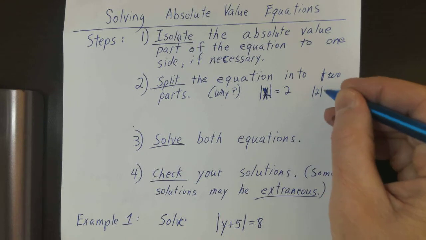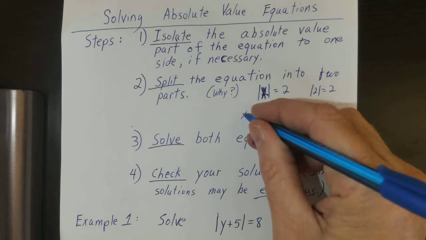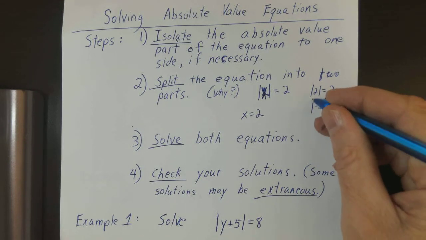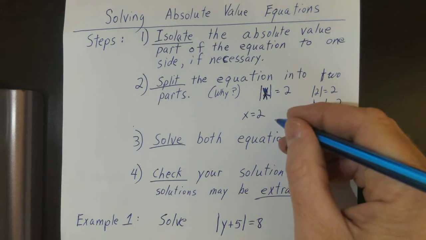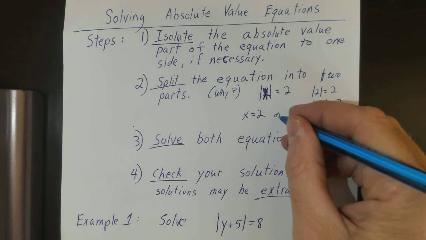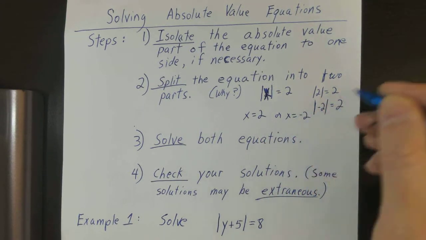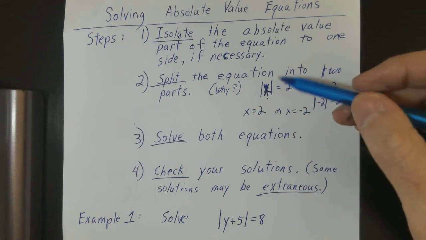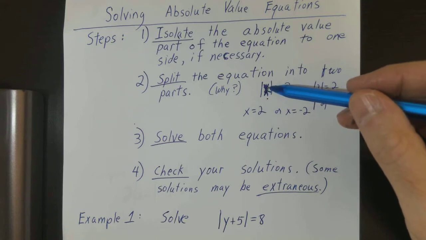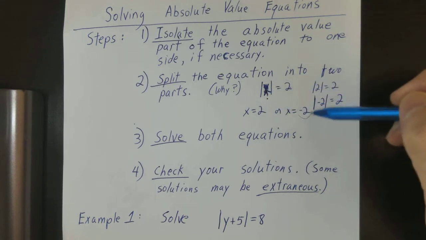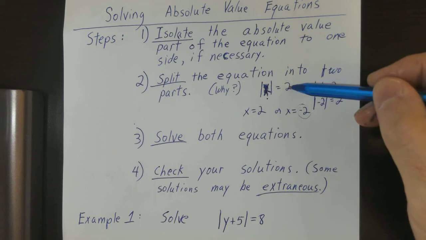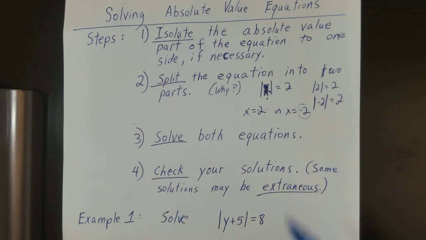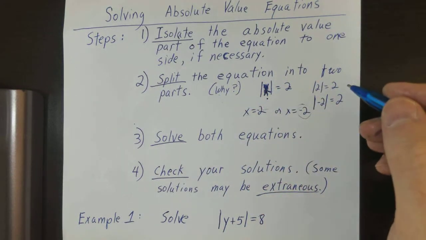The absolute value of 2 is equal to 2, so x could equal 2, and the absolute value of negative 2 is also equal to 2. So x could be negative 2. So we split it into two equations because the absolute value of positive is positive, and the absolute value of the opposite, the negative, is also positive. So this has two solutions. That's why we would split it into two equations, one with positive and one with negative.